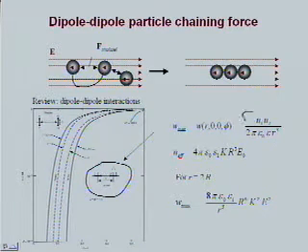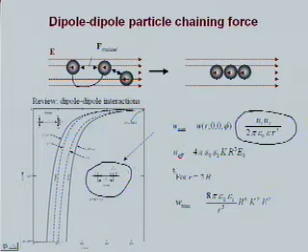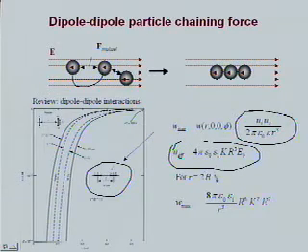Now, this was the formula that we derived then for the interactions between 2 particles in line. This was the formula which we derived in the previous lecture for the dipole moment in a particle which has been caused by the electrical field. So we're going to have these 2 particles, each of which is going to have this moment, and we could put in this moment.